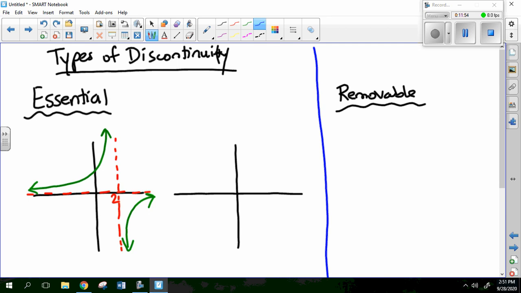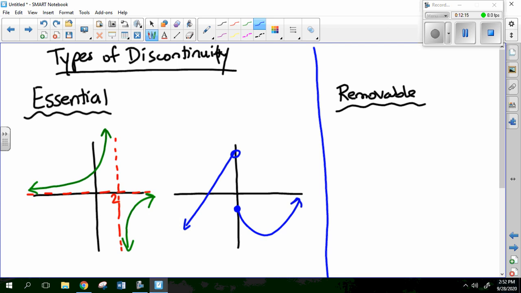So there's one of them, and let me draw a picture of the other one. Let's say that I come in here to an open circle, and then I jump down here. So one side's linear, the other side is quadratic, or some piece, maybe even some sort of polynomial. These two are both called essential discontinuity.